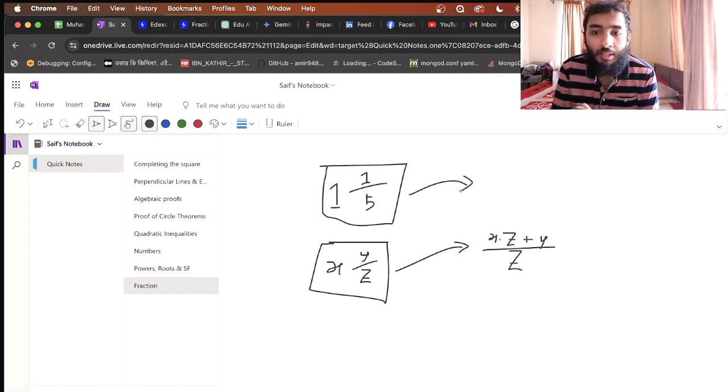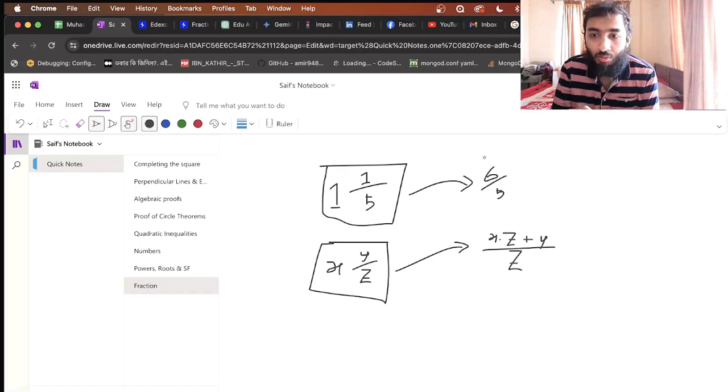For example, for this number, if I multiply 5 with 1 and then add 1, that is 5 multiplied by 1 plus 1, which is 6, so 6 divided by 5.